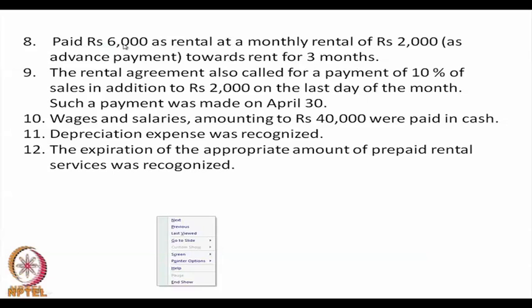If the cash has been paid for 6,000 rupees, then naturally the cash position reduces. The entry will be in the credit side, cash being an asset. Now, what is the corresponding entry? The corresponding entry is that it is an advance payment. Advance payment is like an asset for the company, and that increases, therefore, the entry will be made in the debit side.